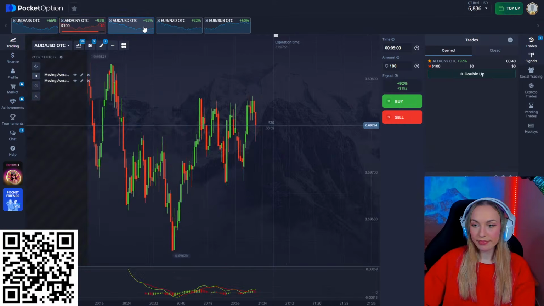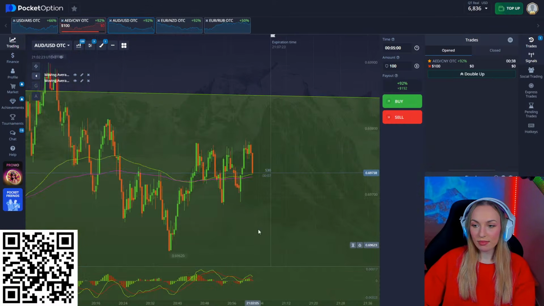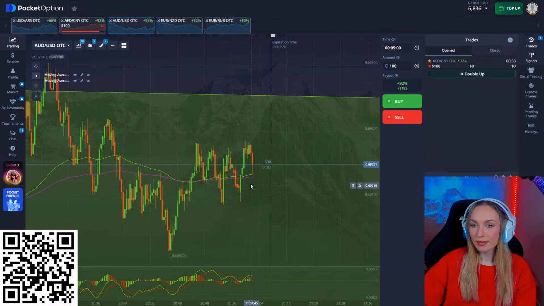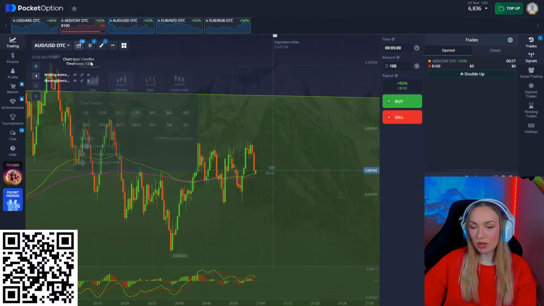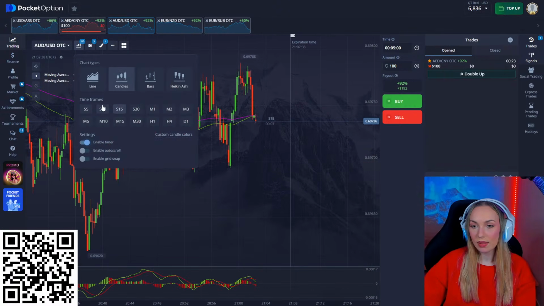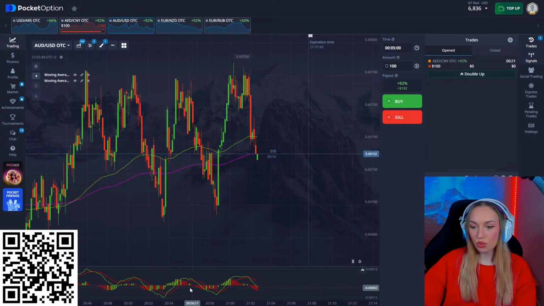Okay. Here doesn't change anything. Still, the price is moving up and down in this super small channel, parallel channel, I would say. Let's see how many minutes we need to open the trade.